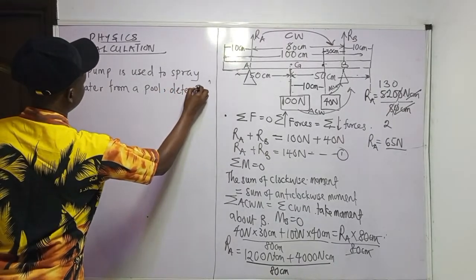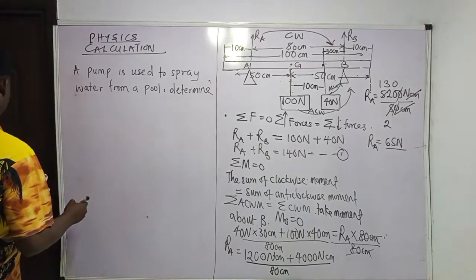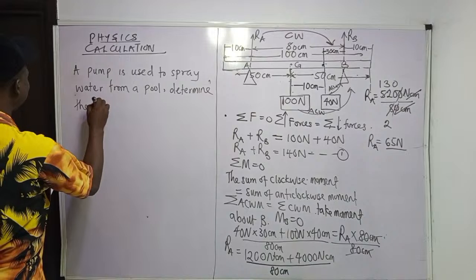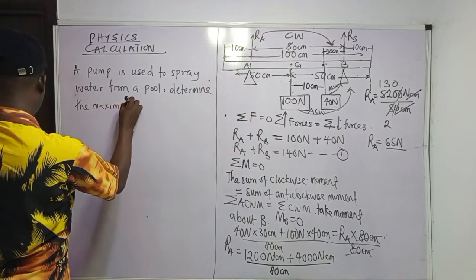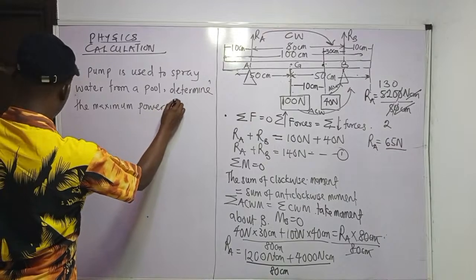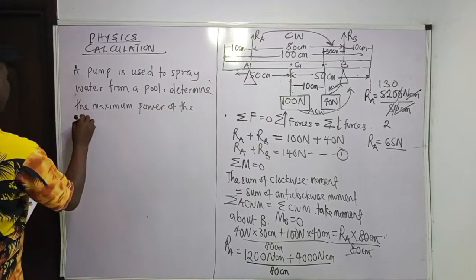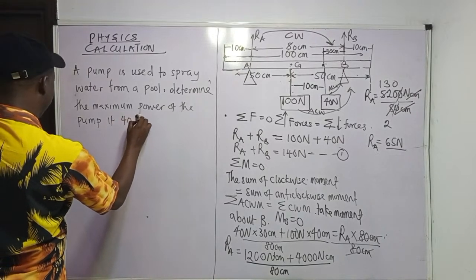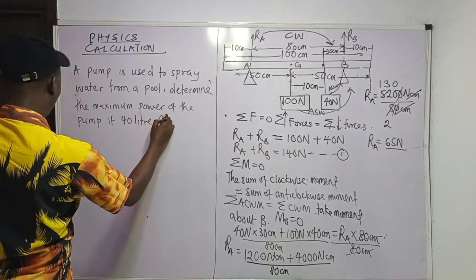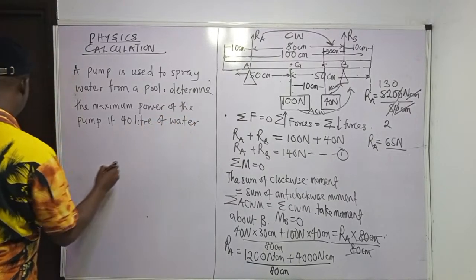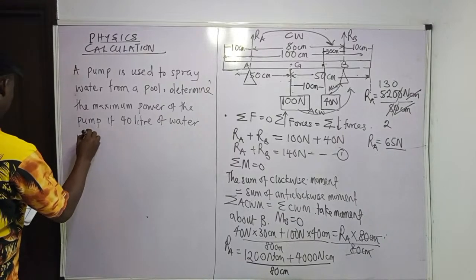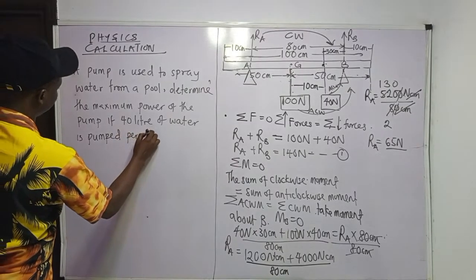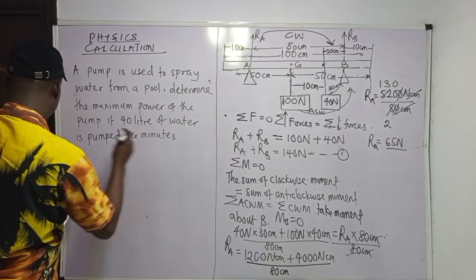Determine the maximum power of the pump if 40 liters of water is pumped per minute.